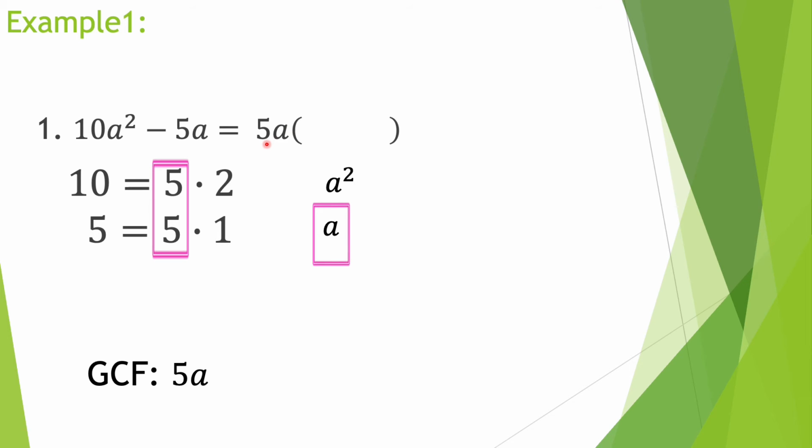Ito yung first factor natin. Then, proceed tayo dun sa ating second factor na isusulat natin sa loob ng parentheses. So, 10a squared divided by the 5a, that is 2a. Then, negative 5a divided by the 5a, that is negative 1. So, ang final answer natin o yung factors natin is 5a times the quantity 2a minus 1.